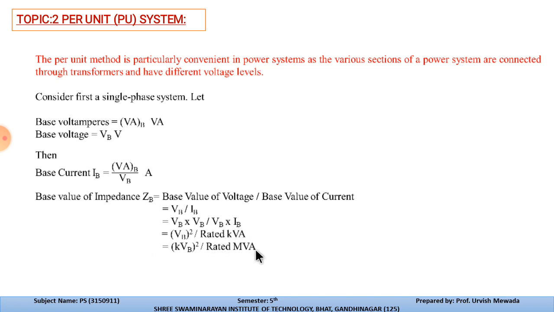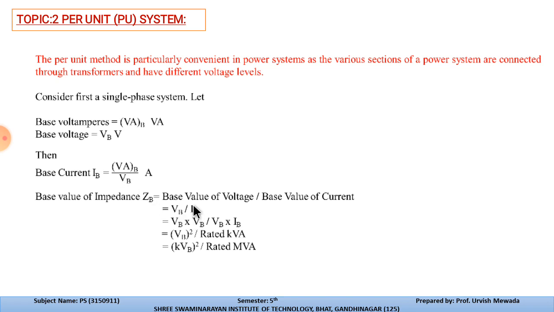As the rating goes higher, we can use kVB, then MVB, according to the level of the transmission system or network. IB is nothing but VAB divided by VB.